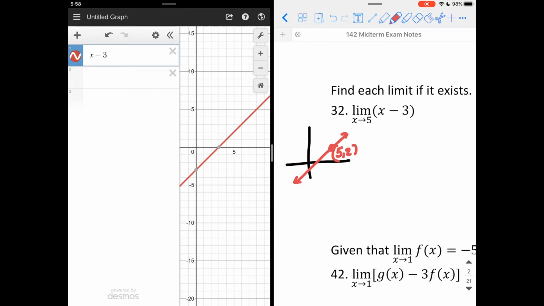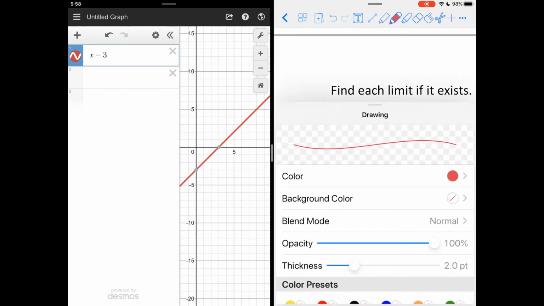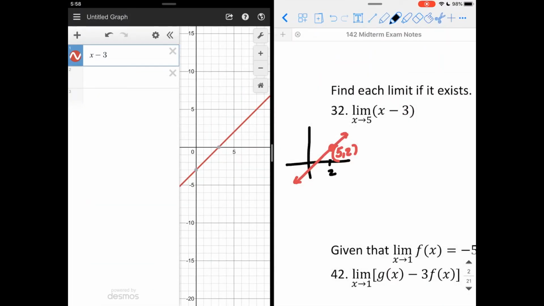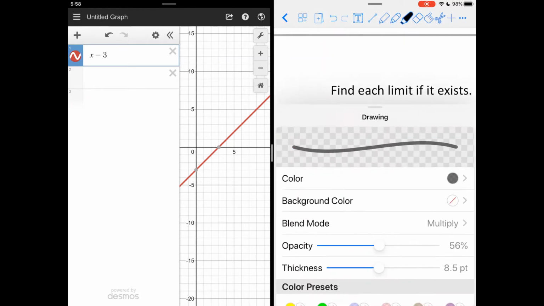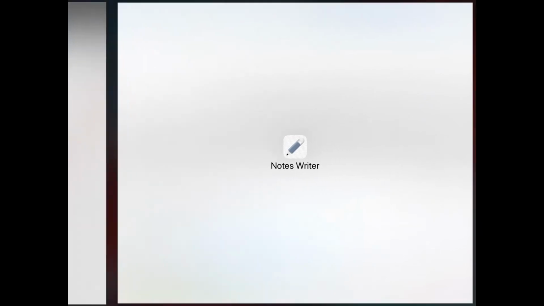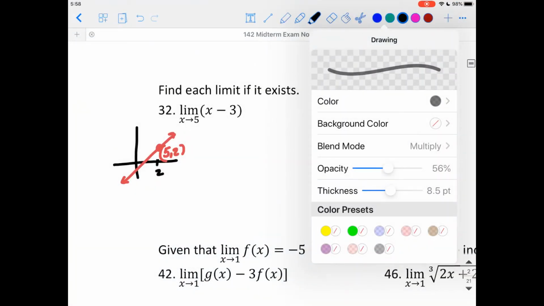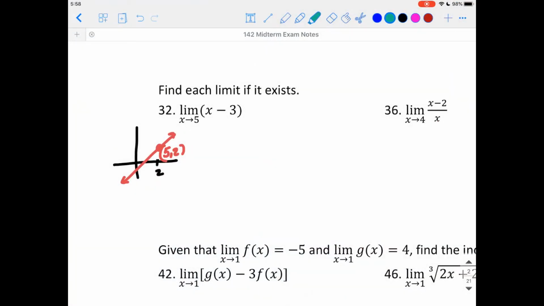And we could do the exact same thing that we just did on the previous page. At the x value that we're interested in, I can do from the left and from the right. So from the left and from the right, I'm headed towards that same point right here, which is 2.